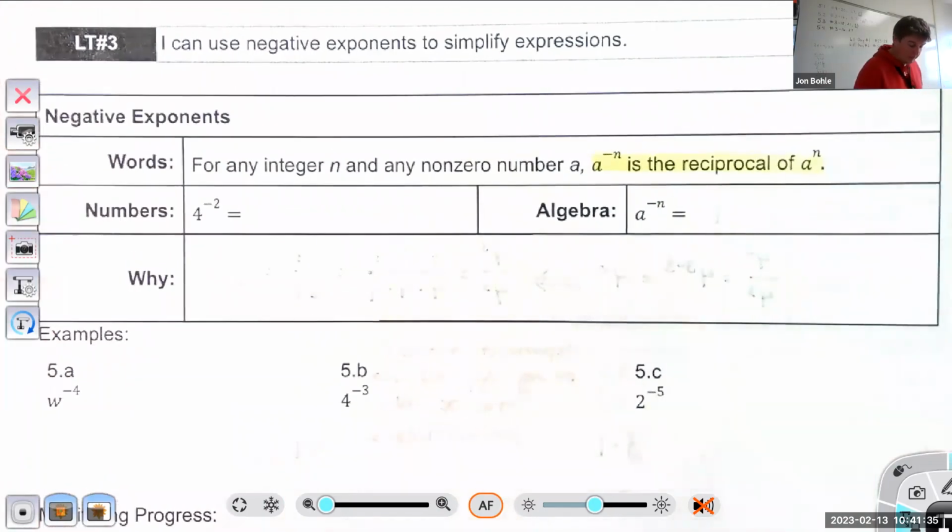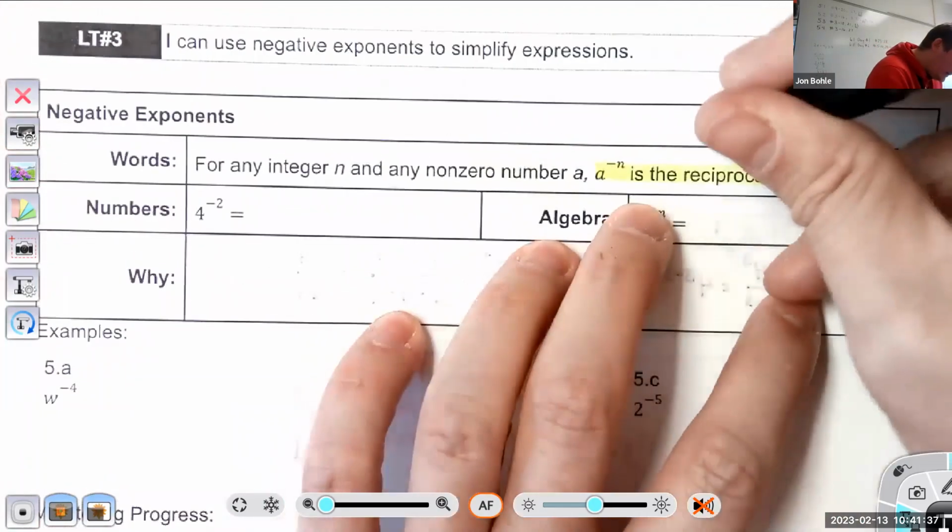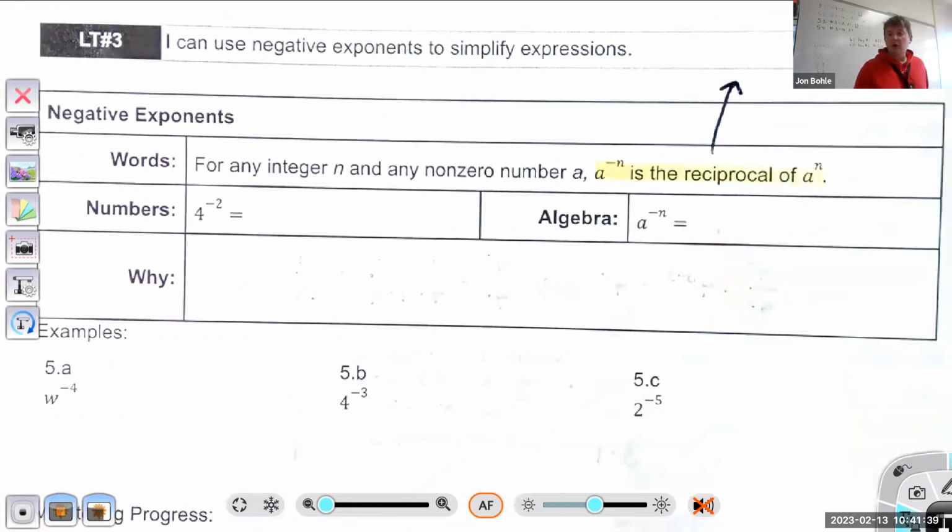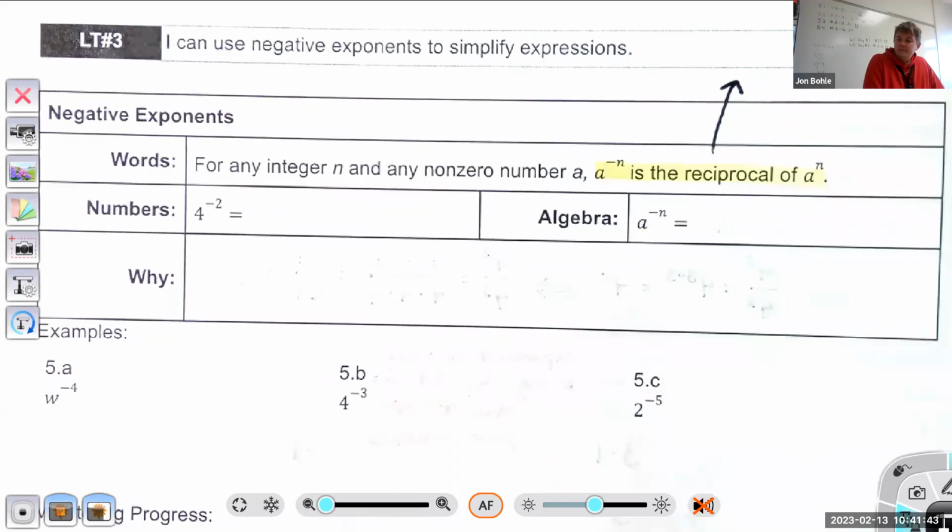So we probably will want to know what the word reciprocal means. Does anybody recall what the word reciprocal means? We have most definitely done things with exactly the word reciprocal in this class. It's not quite opposite, but I understand why you would say opposite. It's not quite opposite though.